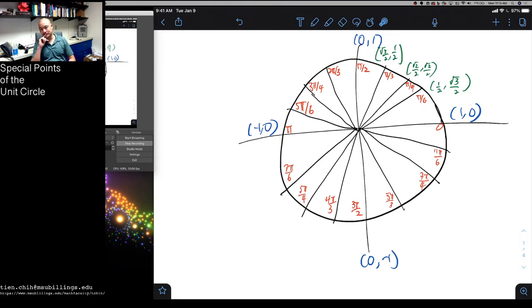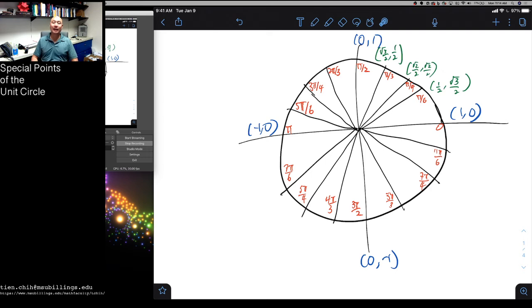And so we have analogs of these angles in all of these other quadrants.